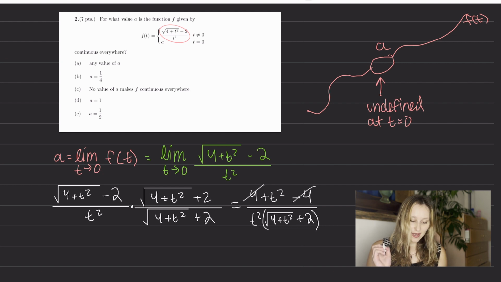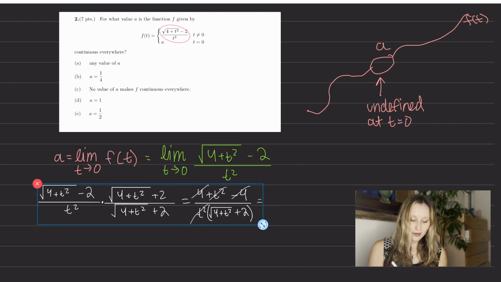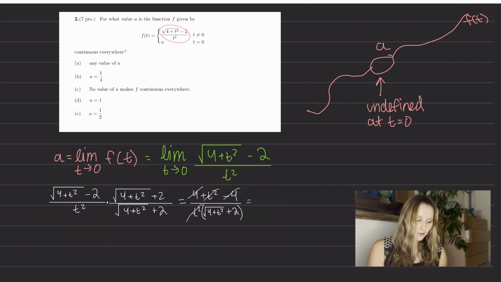The 4's cancel out here. We get that t squared. The t squared cancels out with that t squared. So this is what we ended up with. Boom. Okay.